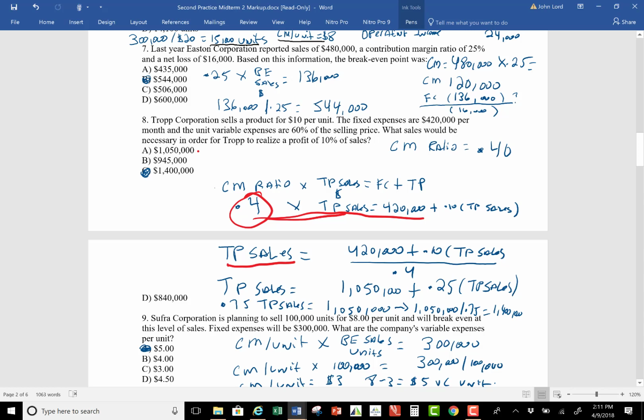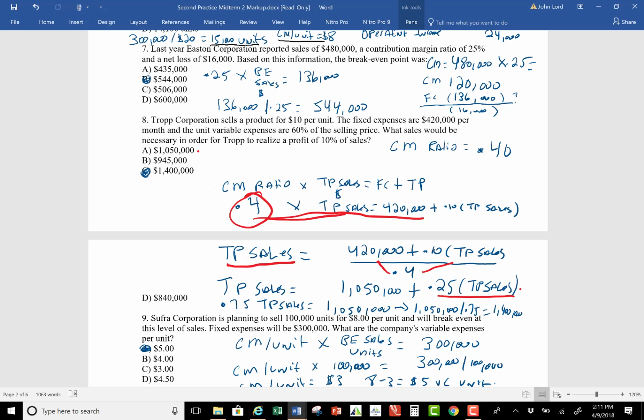But then the distributive law requires that I distribute that 0.4 to each one of those factors up there. So 0.4 divided into 420,000 is 1,050,000, and 0.4 divided into 0.1 is 0.25 of the target profit sales. So I just distributed that division by 0.4 to each one of those.